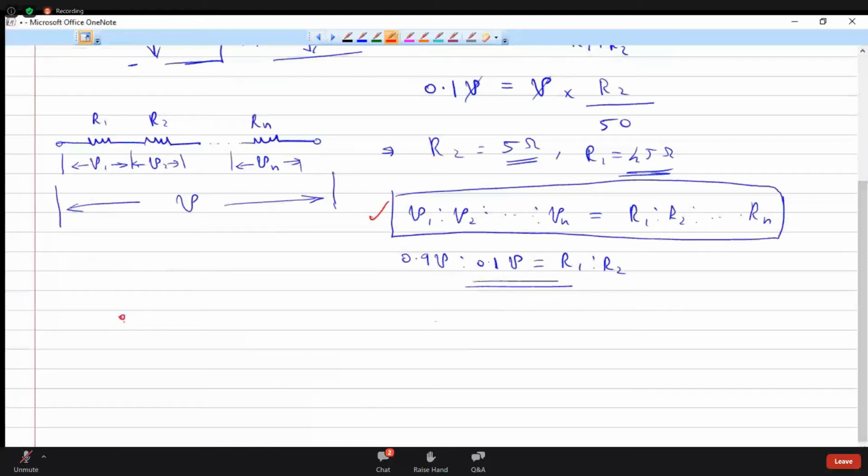I will write the ratio with respect to, let us say, 2 resistors or 3 resistors in series.